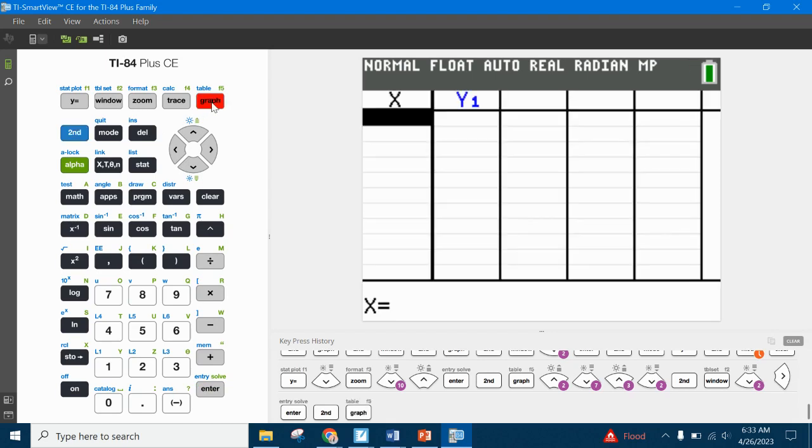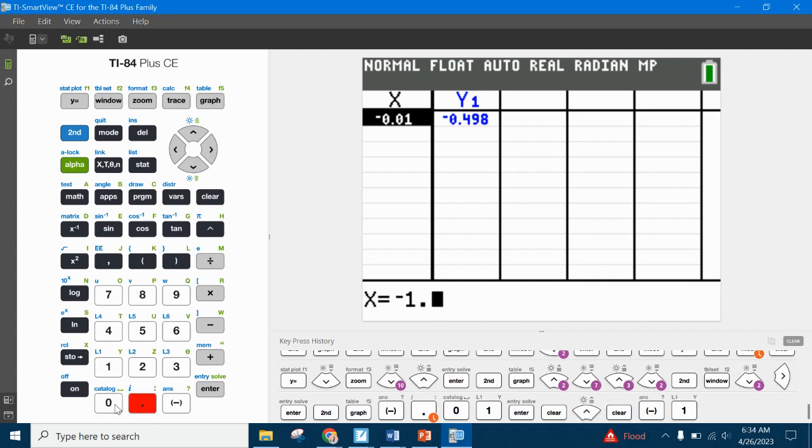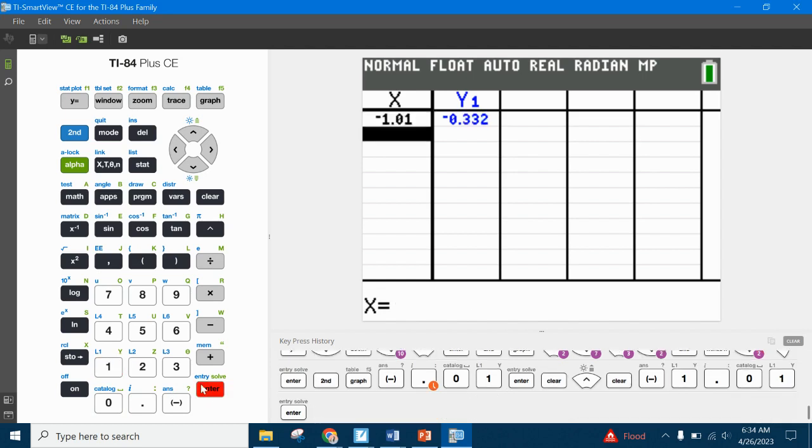So let's say I want to get really close, so I'm going to type in negative 0.99. And then, we're getting even closer, negative 0.999.